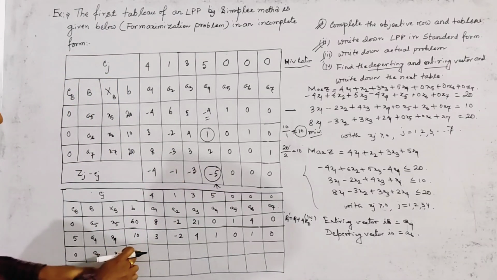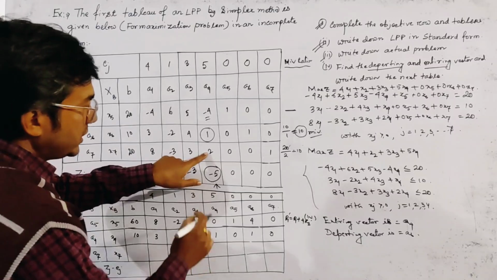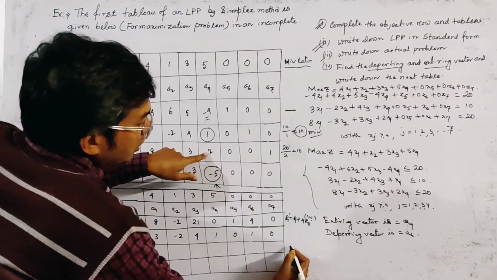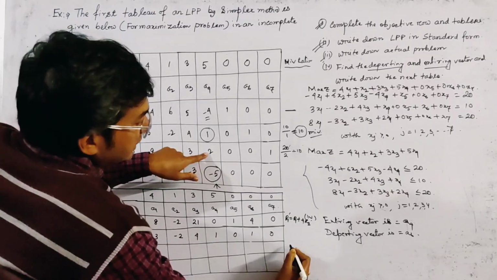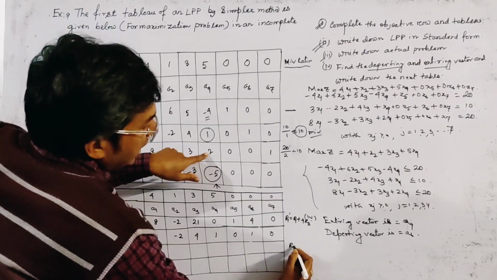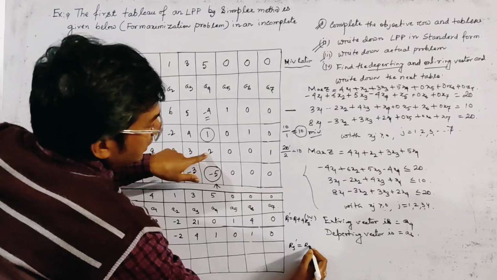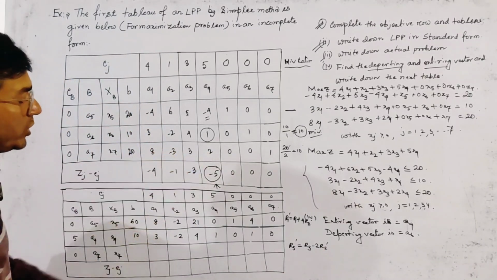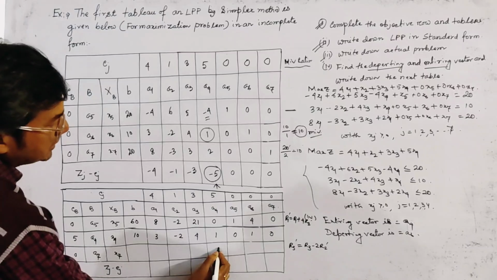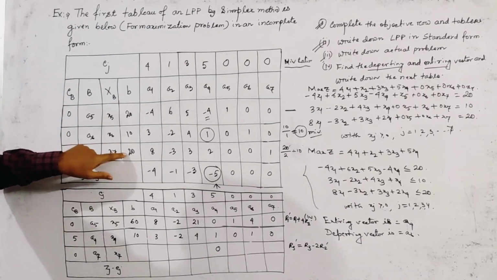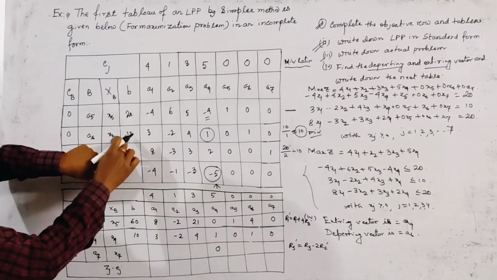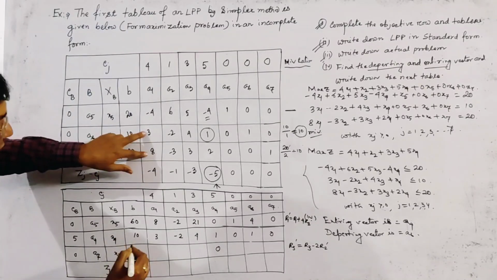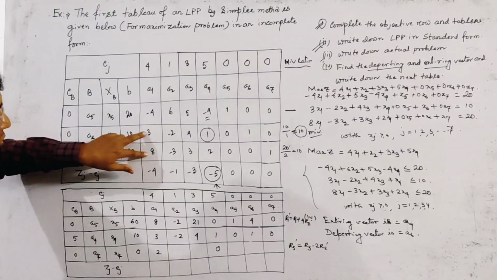Now for the third row, we make a calculation because we have to convert 2 into 0. This operation is R3 dash equals R3 minus 2 into R2 dash. So we write here first 0. Now from the first we get 20 minus 2 into 10, this is 0. 8 minus 2 into 3, this is 2.